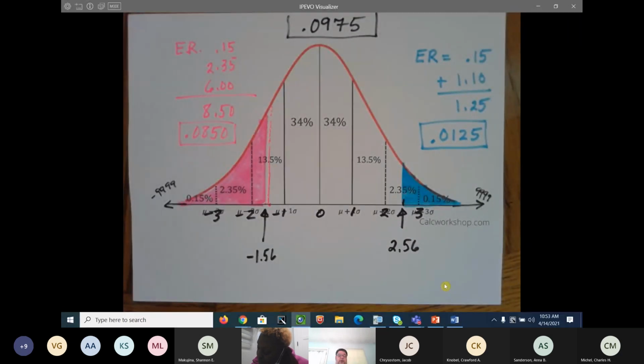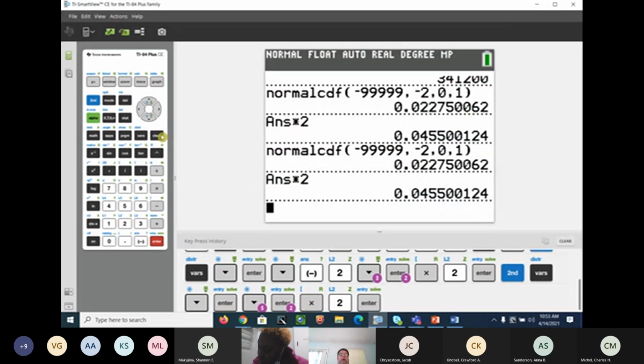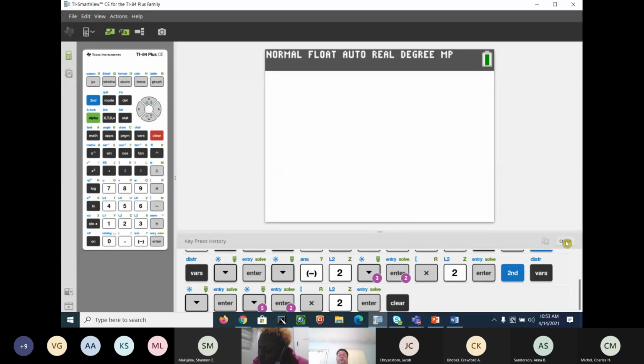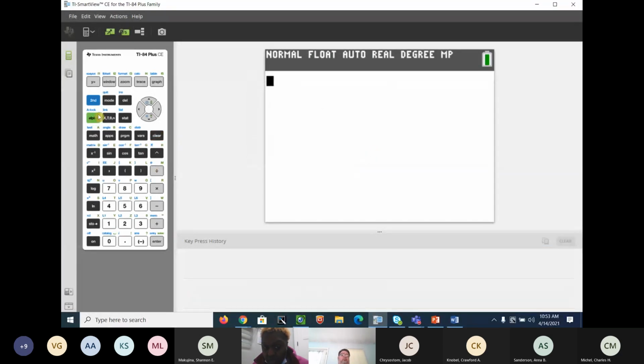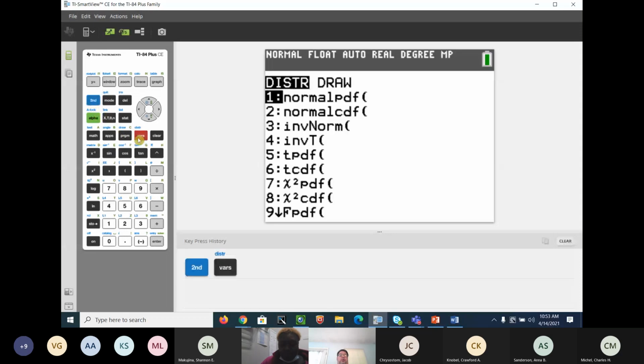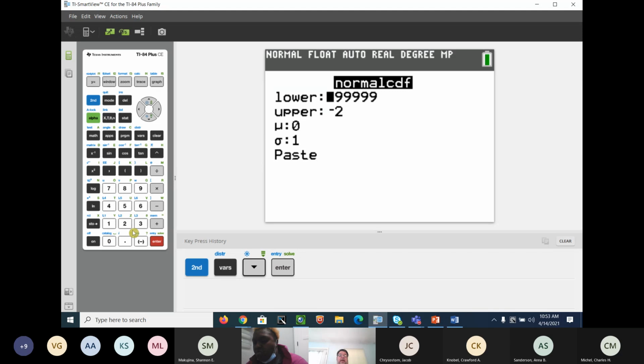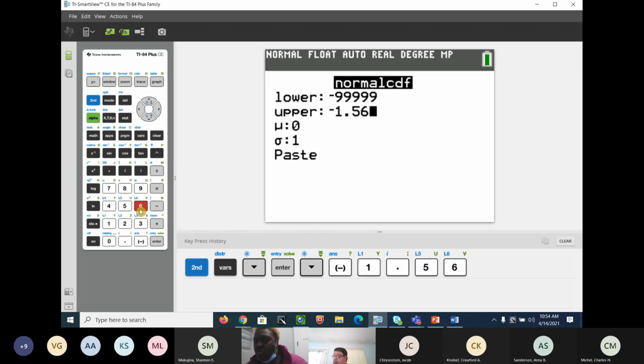All right, so my handy dandy calculator. Clear, clear, clear. All right, here we go. Second, vars, normal CDF, and I'm going from negative 9999 to negative 1.56. Now, what was my empirical rule estimate? 0.0850. Let's see how close I am.